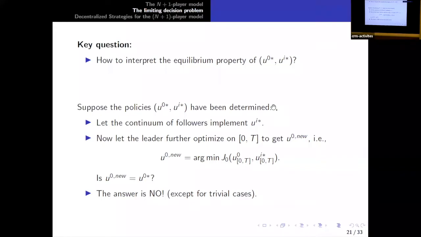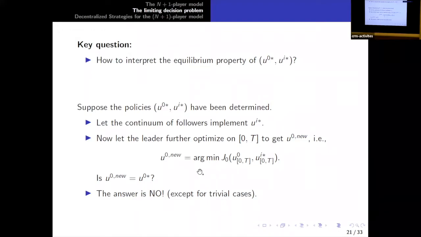Okay. Now we check the following, like the continuum of followers implement this strategy. Okay. And now next, let the leader further optimize on their strategy. Okay, so do another revision of its strategy.